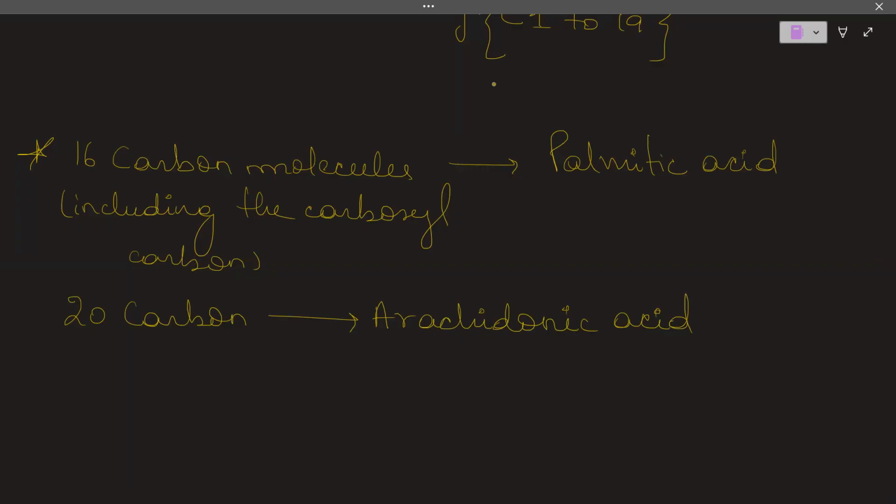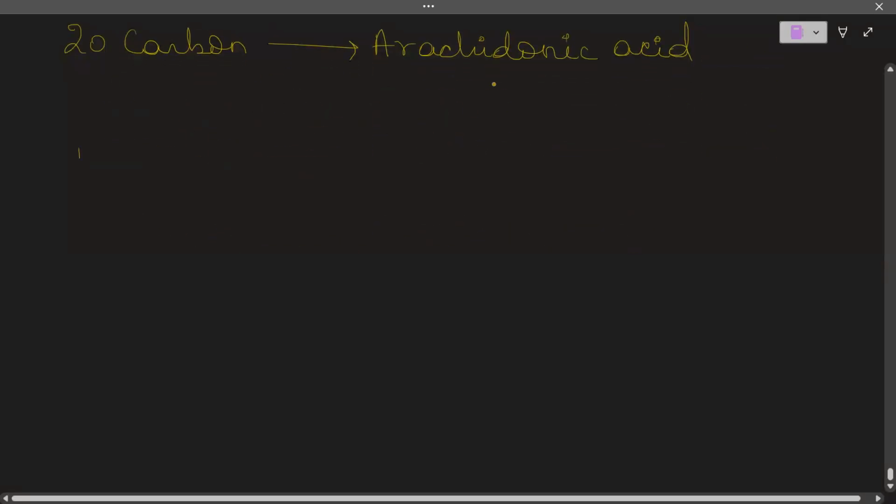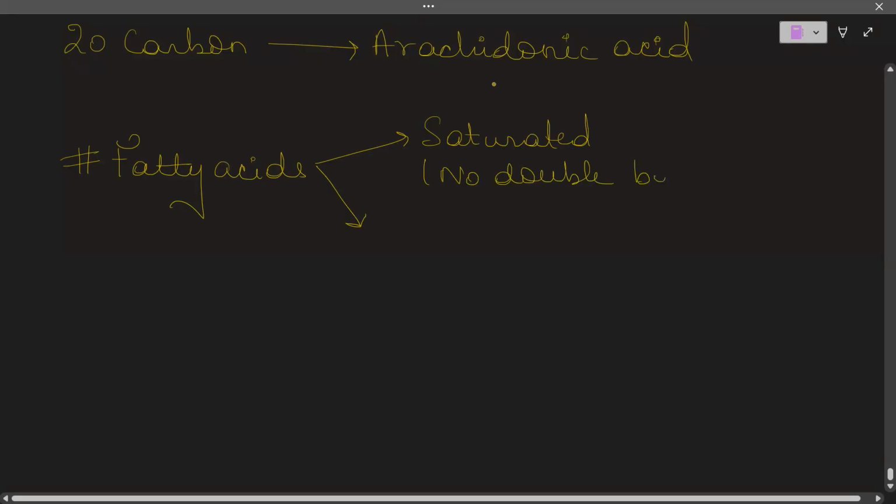Now remember, the fatty acids that we talked about can be of two types. There are two major types of fatty acid. The first one is saturated. The meaning of saturated is that it will not have any double bonds.